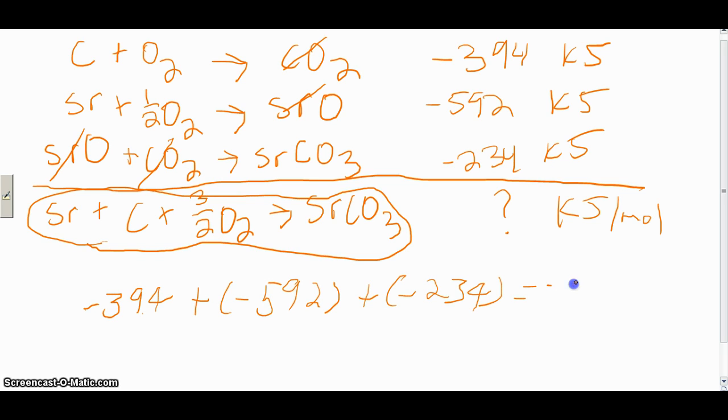And then your overall answer is negative 1220 kilojoules per mole.